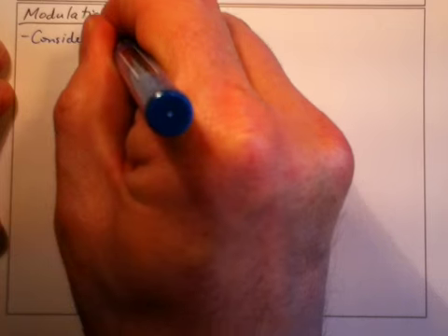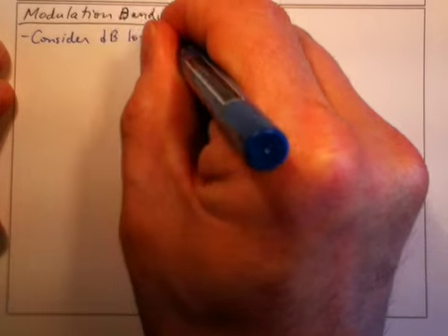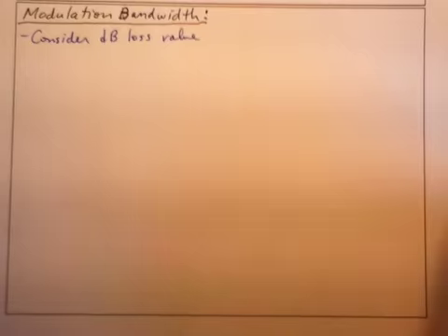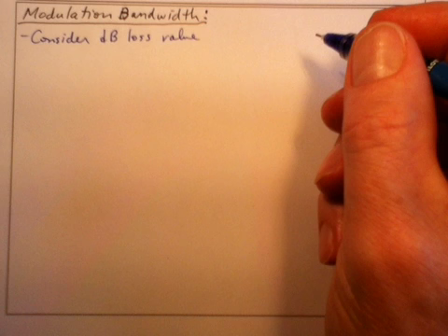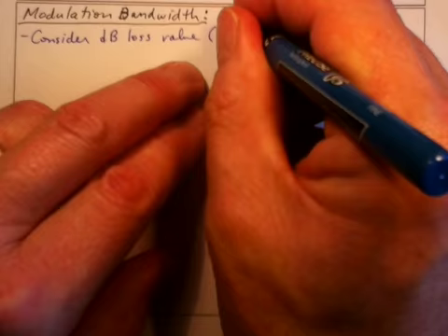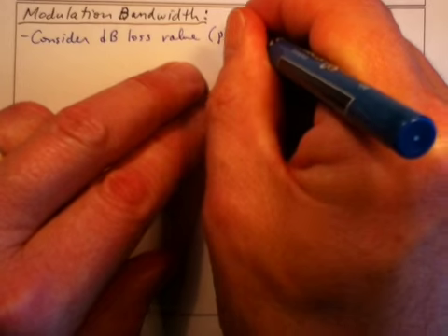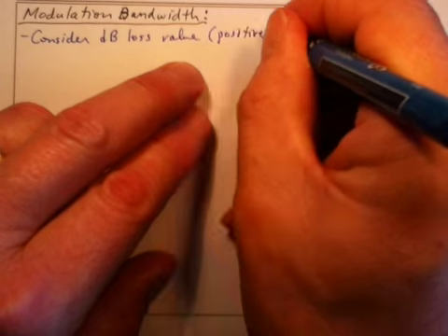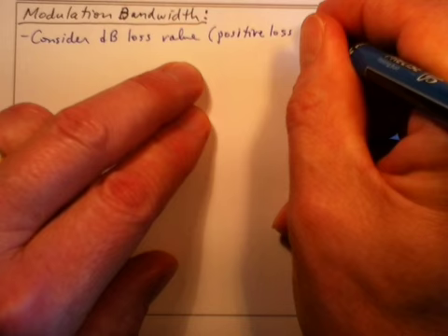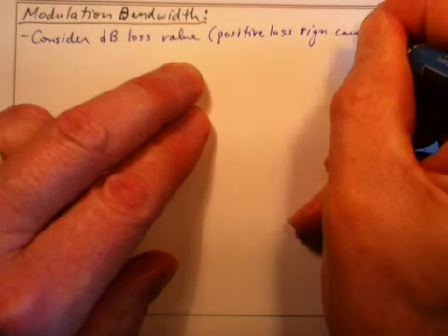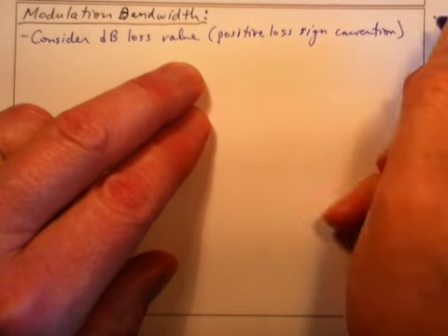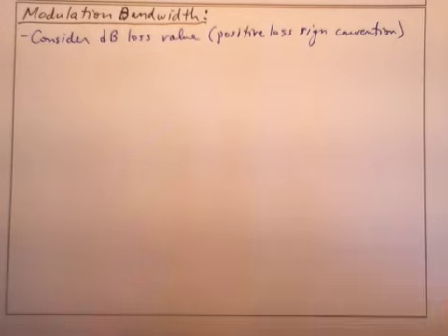We're going to use the positive loss sign convention. So actual losses are represented by positive dB values.